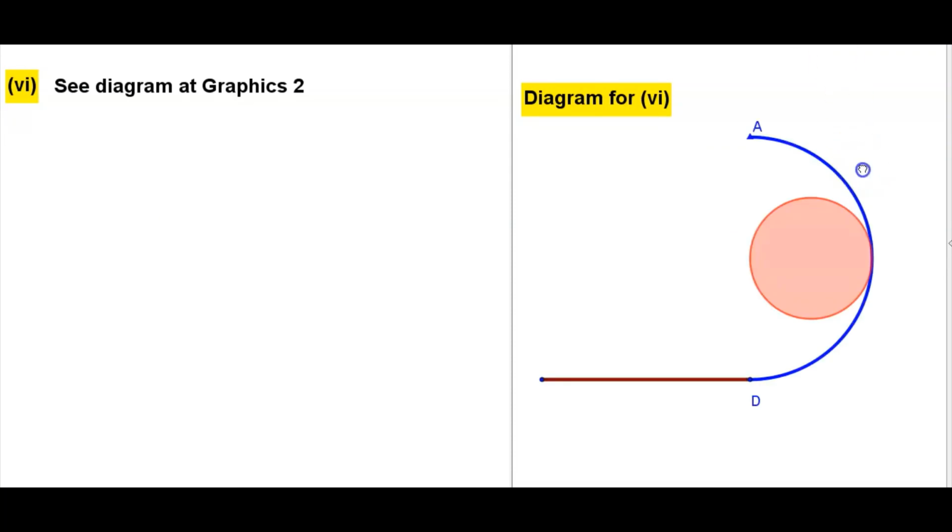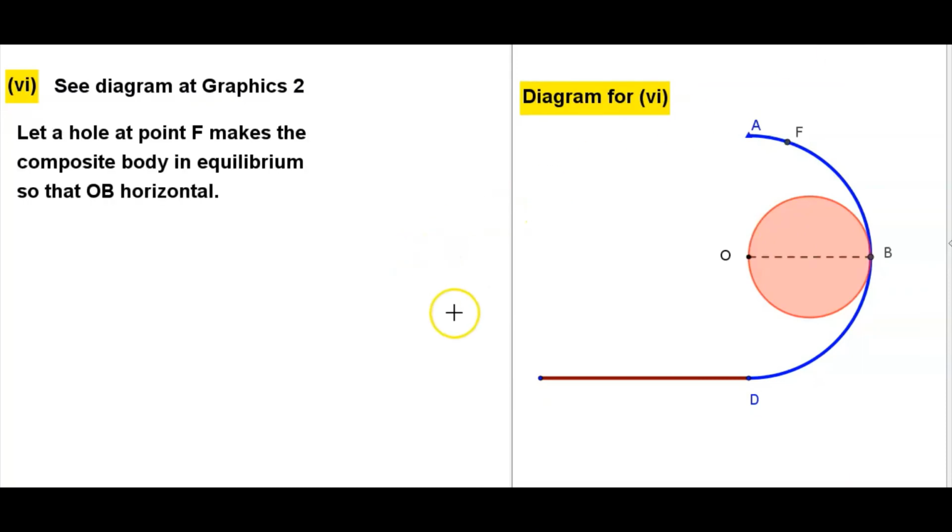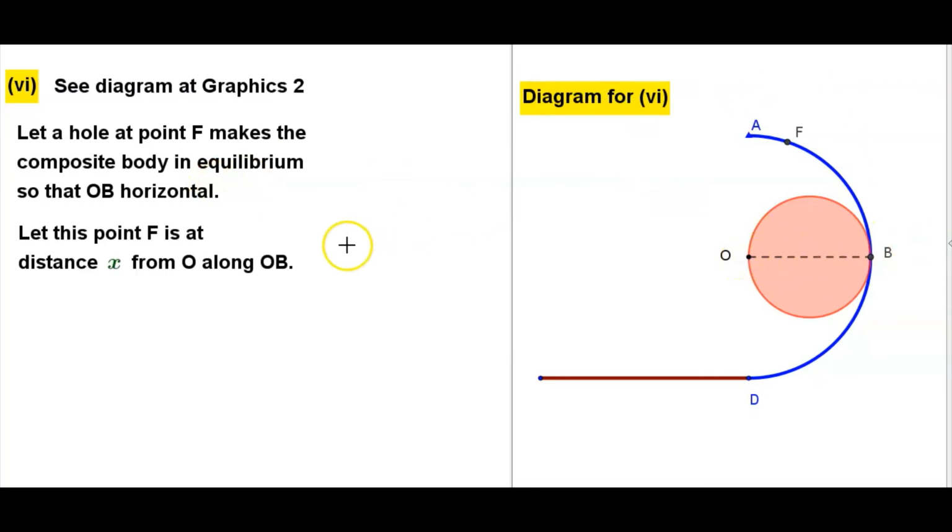The composite body is a rod and clock. Let a hole at point F make the composite body in equilibrium so that OB is horizontal. Let this point F be at a distance x from O along OB.